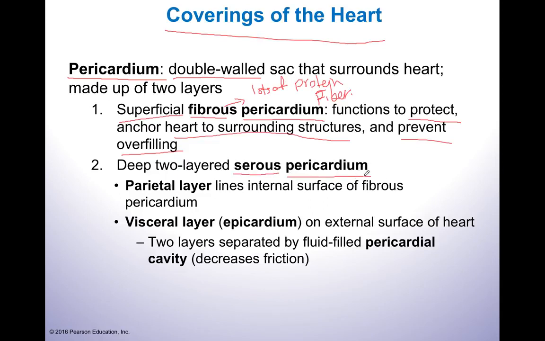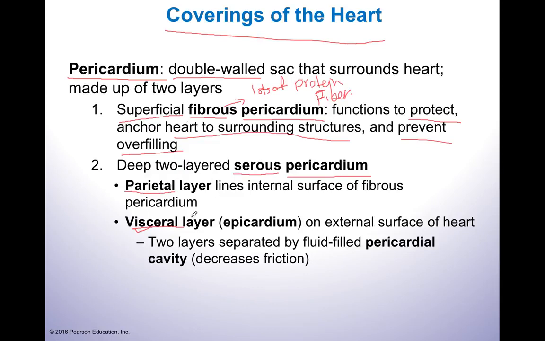And again, this should be a reminder for you. Serous was a double layer membrane which has a parietal layer and a visceral layer. This gets a little bit tricky, so follow me please. The parietal layer is lining the internal fibrous pericardium, which means the parietal layer is closest to your fibrous pericardium.